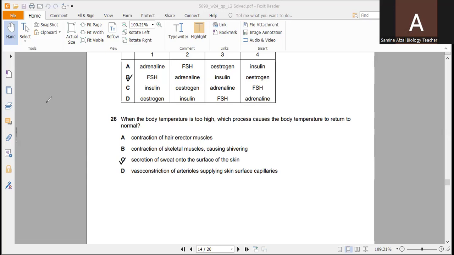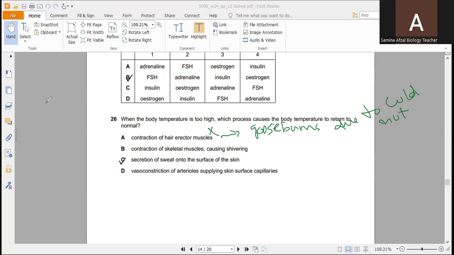Here you can see, students, that contraction of hair erector muscles causes goosebumps, and it is a response to cold, not heat. So goosebumps are caused due to cold, not heat. So this is not the correct statement.